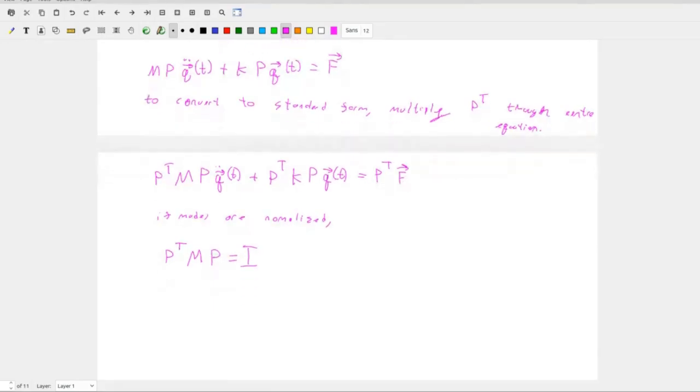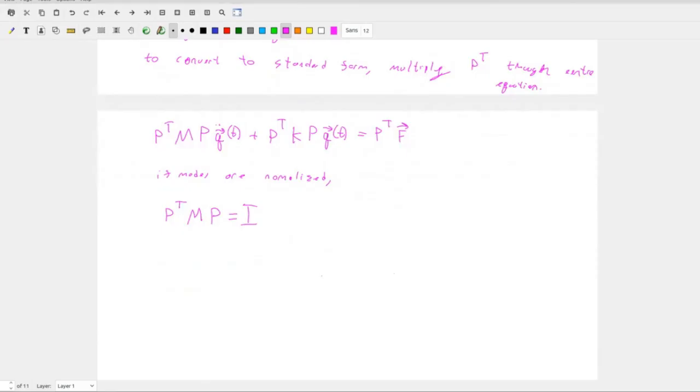So I is the identity matrix, and let's go with Q. Okay, so if I is an identity matrix, this piece here becomes an identity matrix. That makes sense?